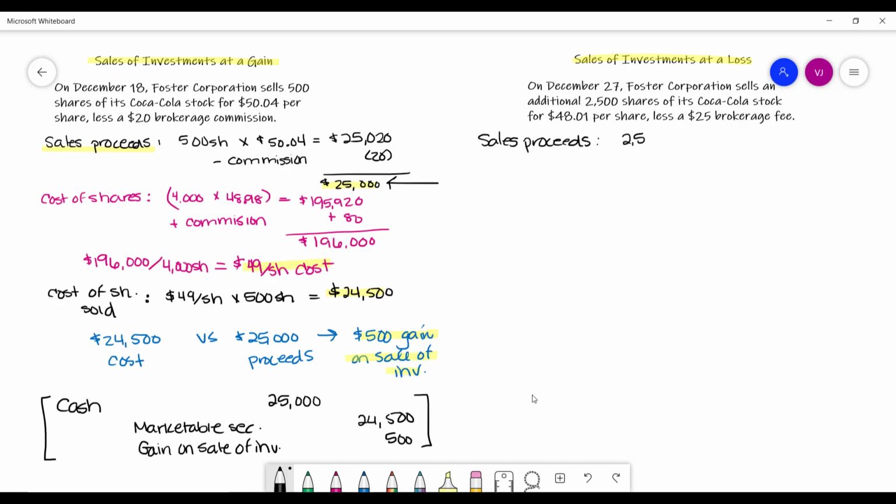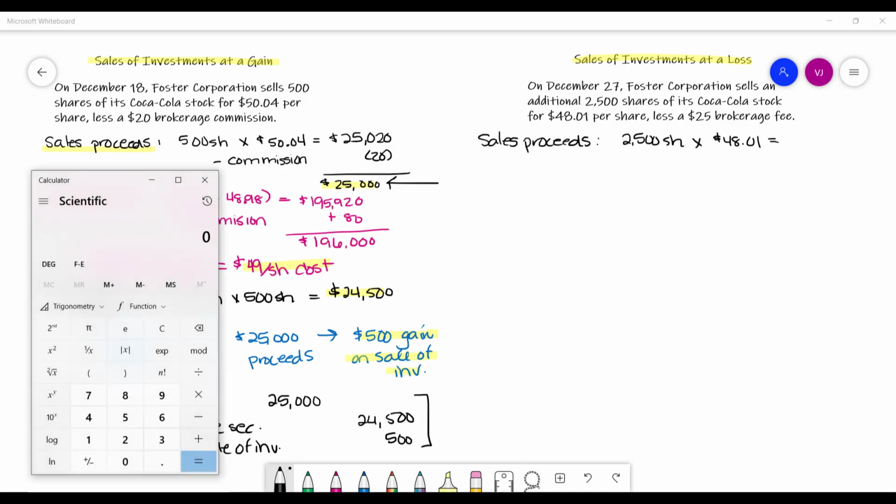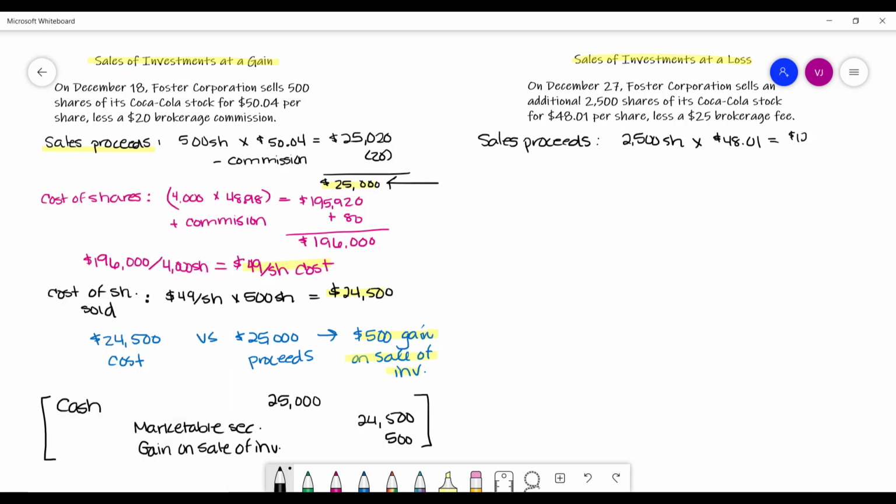Well, we sold 2,500 shares, in this case for $48.01 on December 27th. So 2,500 shares times $48.01. That's $120,025.